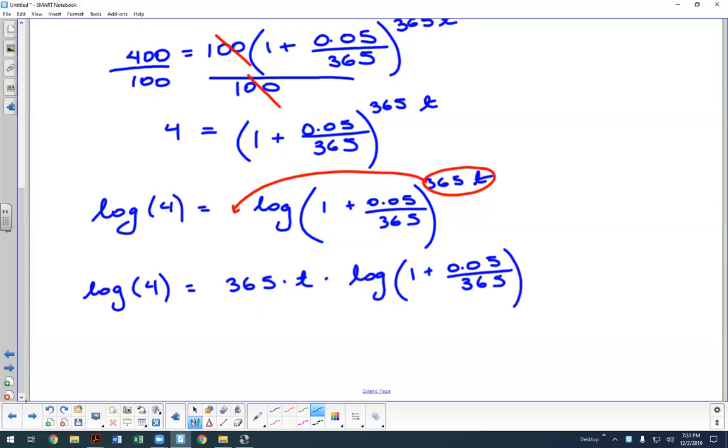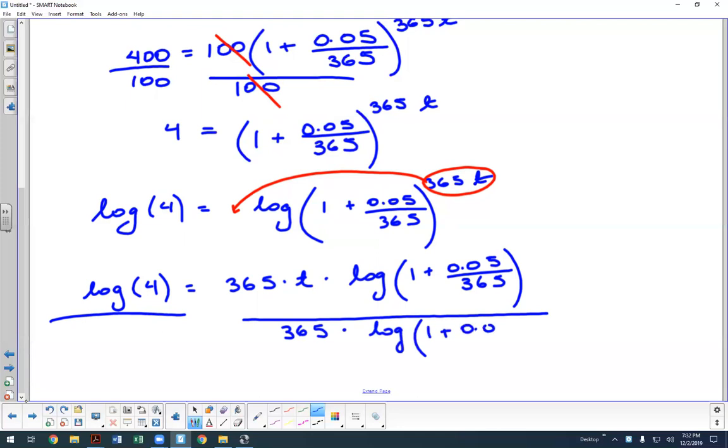We're trying to get t by itself, which means everything else needs to be divided on the right-hand side, which means I'm dividing by the 365 times log of this whole parentheses here.